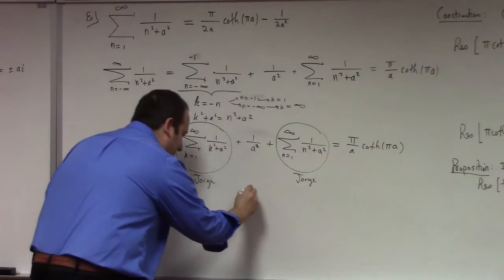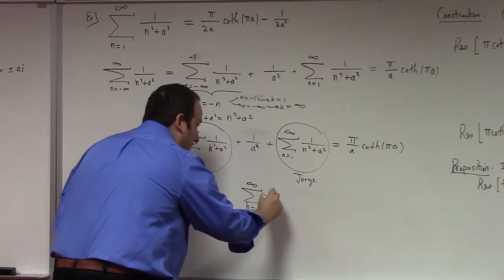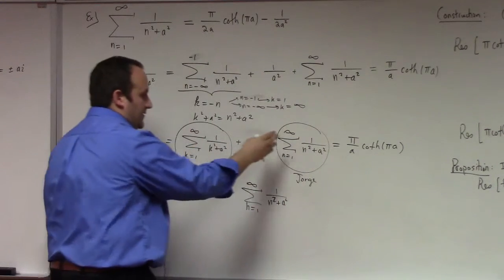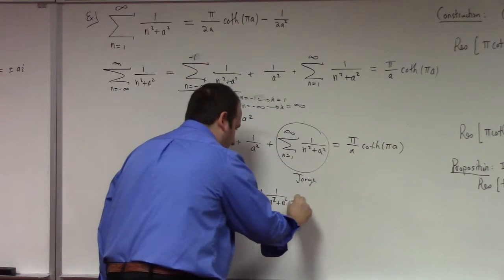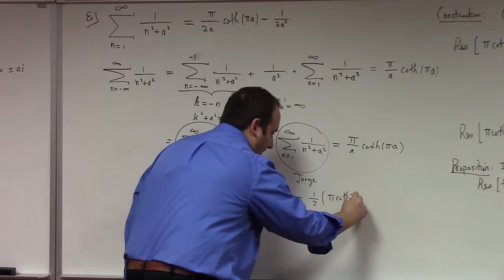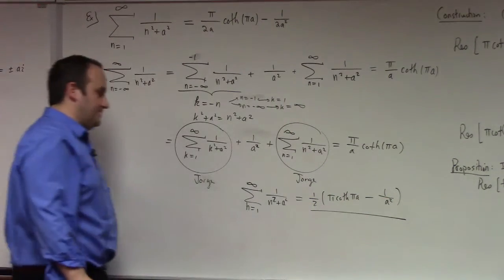He's a good friend of mine in grad school. Anyway, sum n equals 1 to infinity, 1 over n squared plus a squared. You get 2 of those, right? So you get 1/2. And there you go, that's the answer.